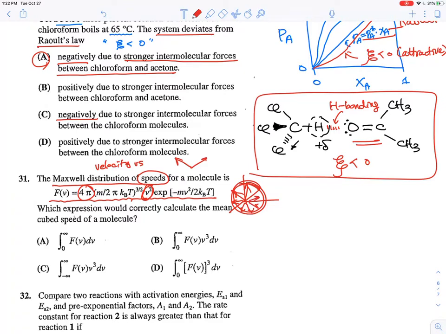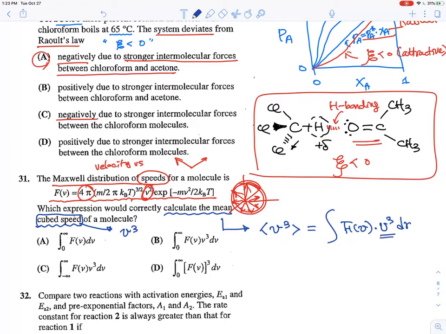Okay, so the question now is to calculate the mean cubed speed. Cubed speed means like this. So we want to use this distribution function and multiply by what you want to average out. And because v is 0 to infinity, this will be the answer.